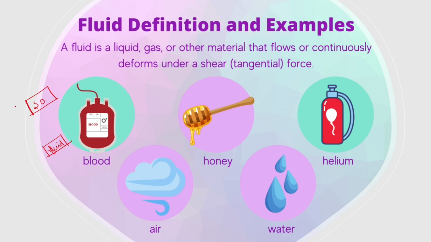Now if you apply any tangential stress in both cases, the solid object will hold its shape and will not get deformed. But in case of a fluid, unknown fluid X, it will flow or continuously get deformed because of the action of the shear force. Shear force is also known as tangential force.